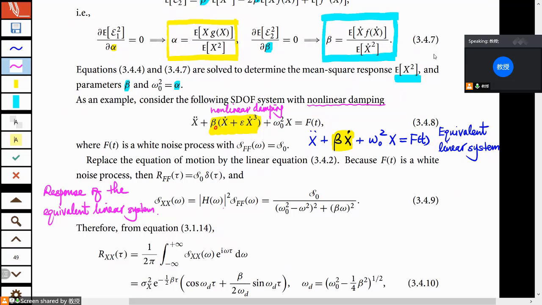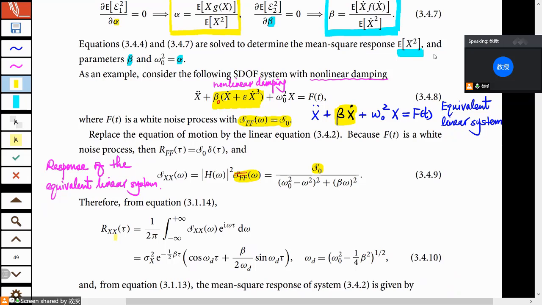So Sxx is the frequency response function squared times the power spectral density of the input. The power spectral density of the input is S0. Okay, so we have this, and that's the frequency response function.